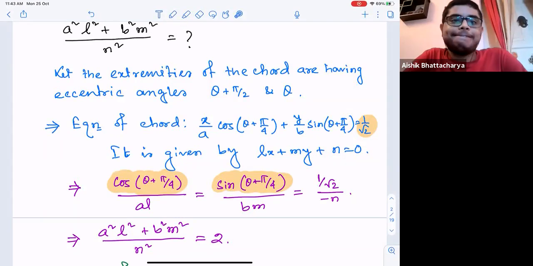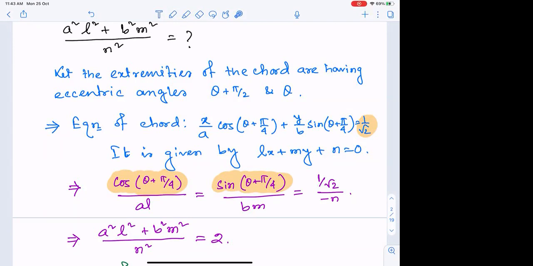Instead of the eccentric angles differing by a right angle, if it were some other difference, then instead of 1 by root 2, there would have been some other constant on the other side.